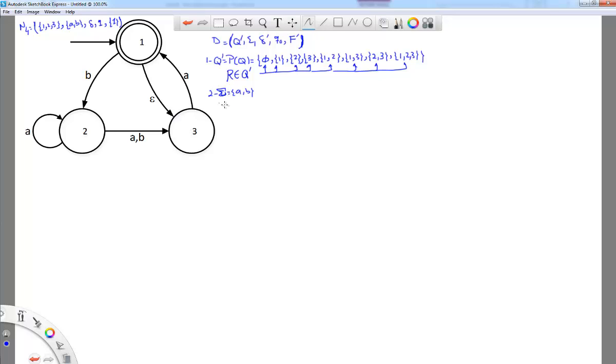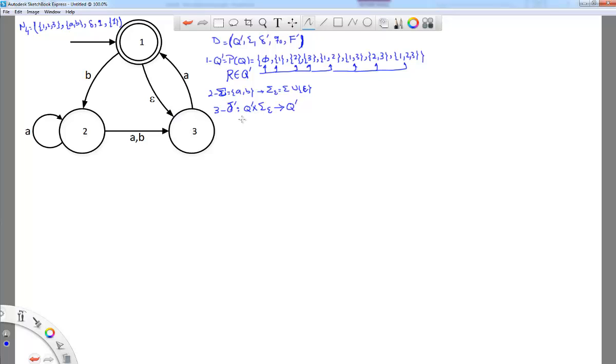Then 3, delta prime will be from Q prime cross sigma epsilon, which means that sigma epsilon here is going to be sigma union with epsilon over into Q prime.